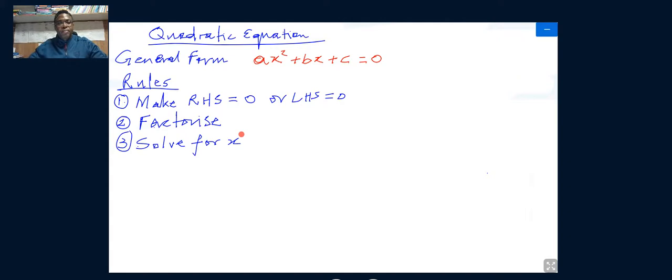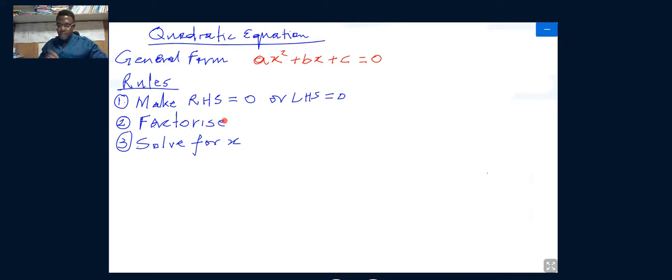Factorize. Let me make it look neater. Factorize. That's it.